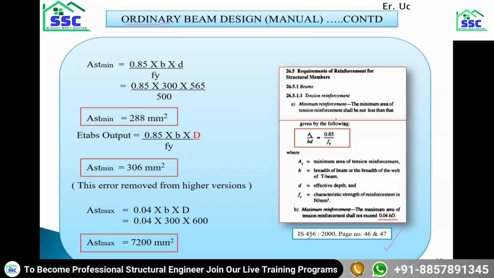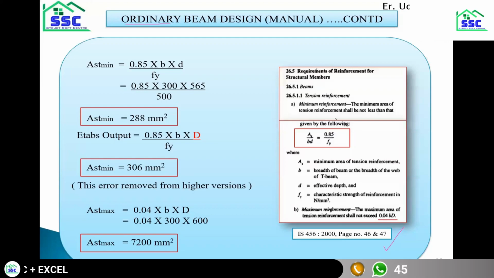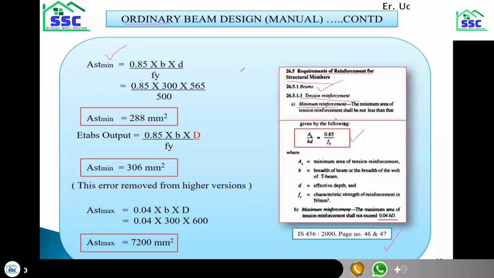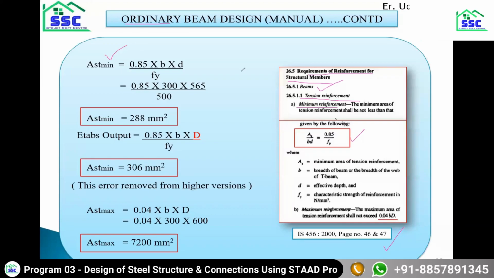So coming back, IS 456 2000, page numbers 46 and 47, the clause is given for requirements of reinforcement for structural members. The member is beam, tension reinforcement, and the minimum tension reinforcement is As divided by bd equal to 0.85 over fy. If you simply rearrange these terms, we get this formula of Ast minimum, which is nothing but 0.85 bd divided by fy.